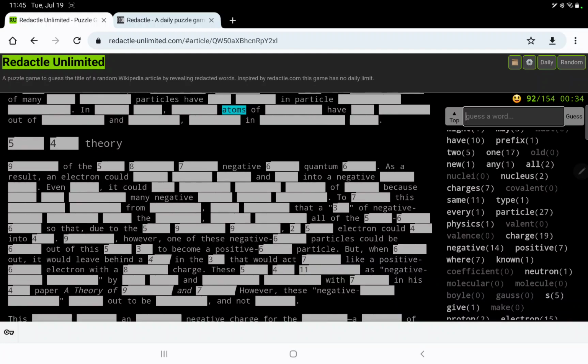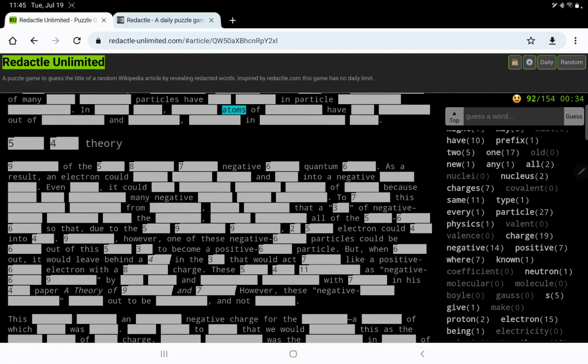These atoms, no, I did atoms, these 5, 4, 11 as negative dash 6, 9 by 4, 5 and 10, 10 with 7. Oh, in his some year paper, a theory of something and 7. What is this 6-letter word that comes after negative or positive and it's not charge?